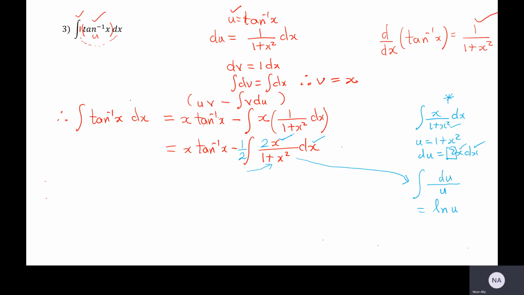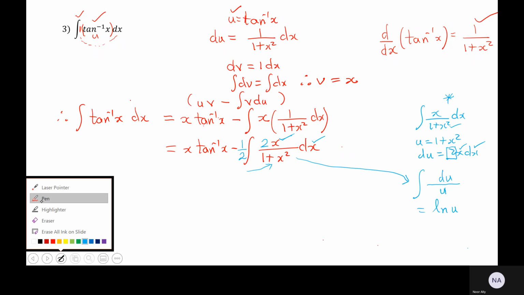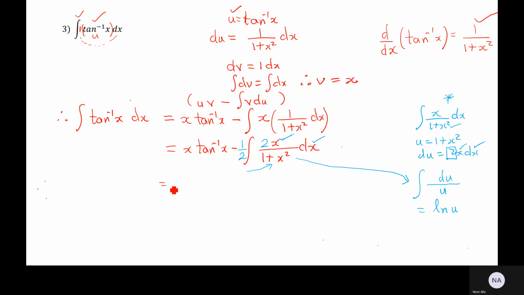So in our case, this is going to be equal to x arctan x minus a half times the ln of my 1 plus x squared plus my constant c, and there you go, there's your answer.